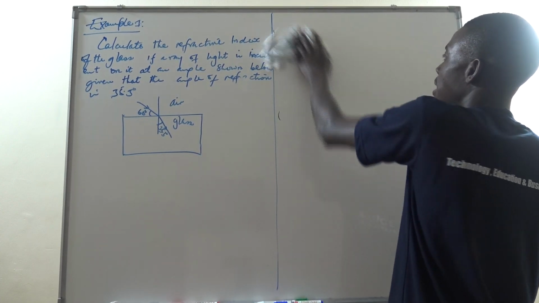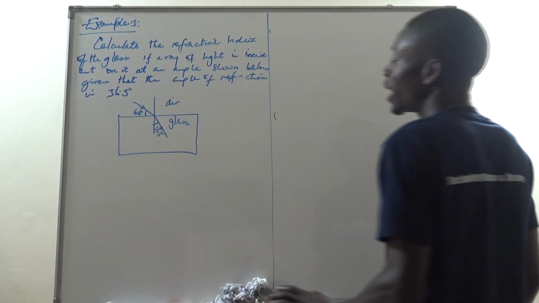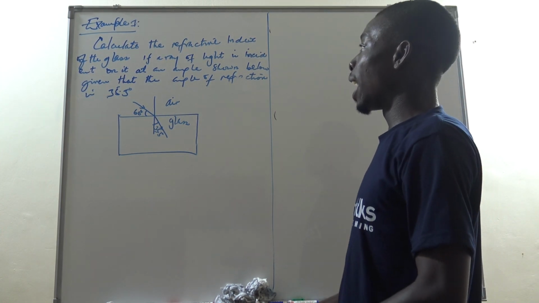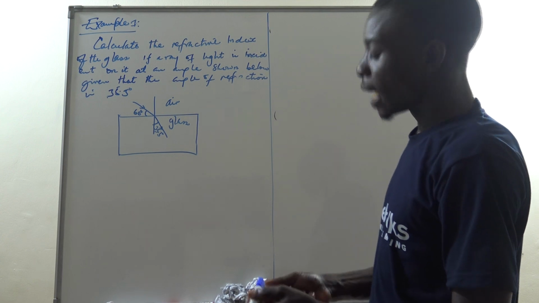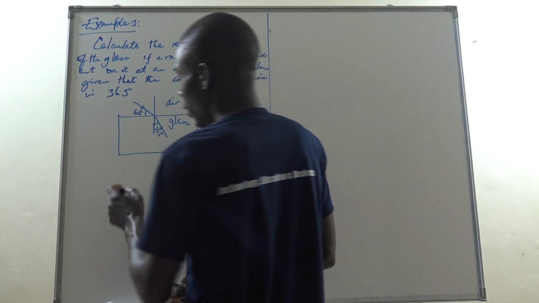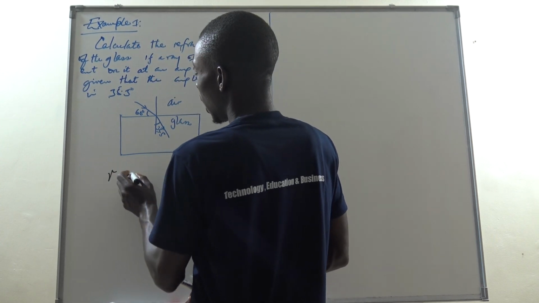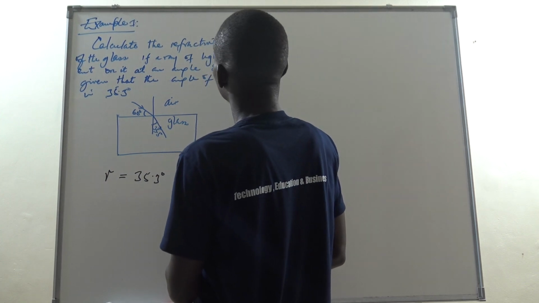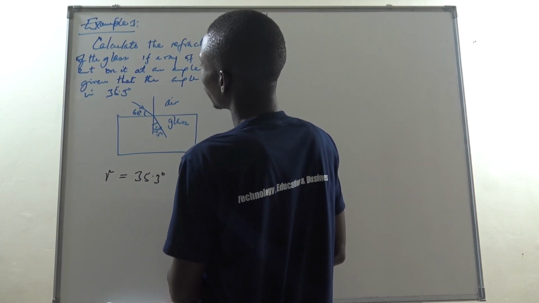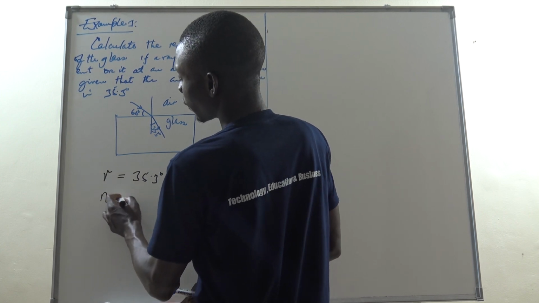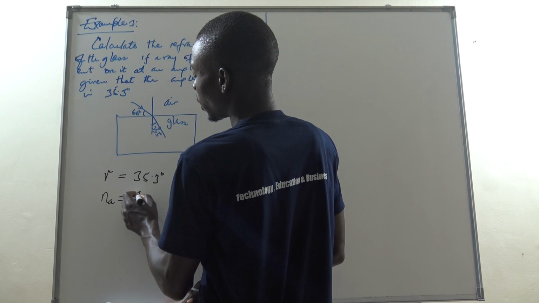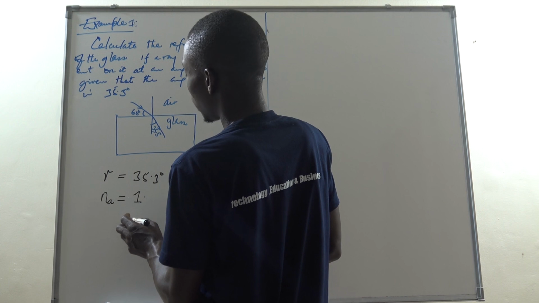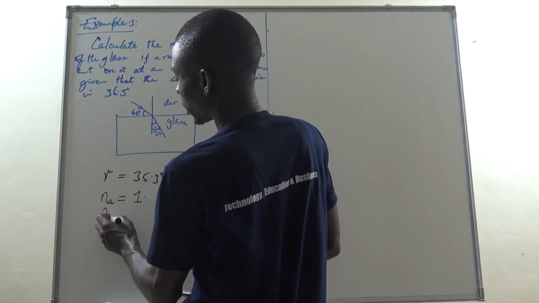They are telling us that we should calculate the refractive index of the glass if a ray of light is incident on it at an angle shown below, given that the refracting angle is 35.3 degrees. And don't forget, they're also telling you that the refractive index of air is always equal to 1. So what they need from us is the refractive index of the glass.